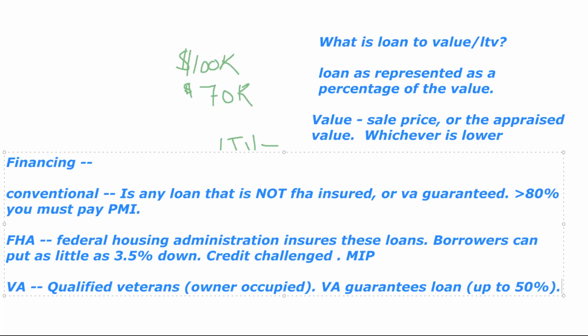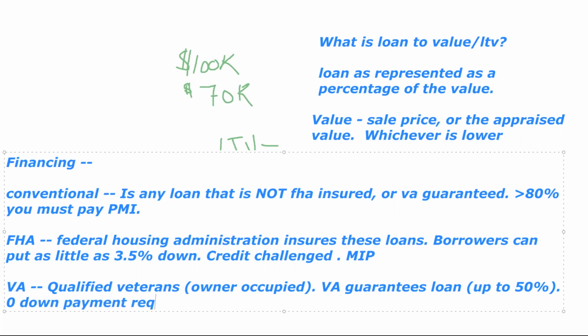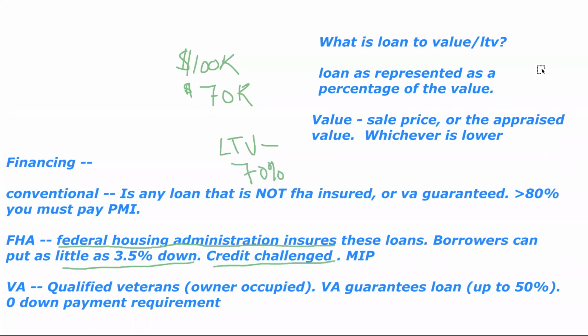And what's great about this, like why would you want this if you're a veteran? Zero down payment requirement. So here's the thing. When I say zero down payment requirement, that means you do not have to put any money down, okay? So in that situation, you would have something where you could actually do 100% financing.